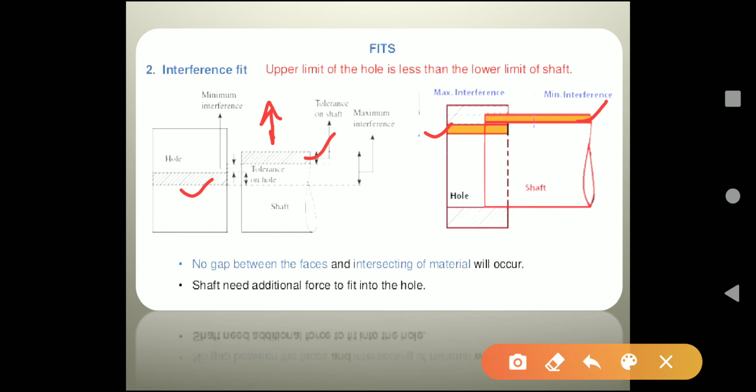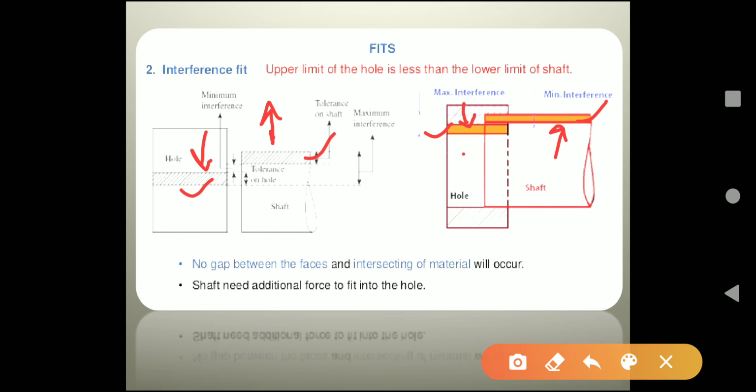So you can clearly see that the lower limit of a shaft has a larger dimension than the upper limit of a hole. So you can see no gap between the faces and interference of material will occur here. So to make such a type of fit, the shaft needs additional force to fit into the hole.